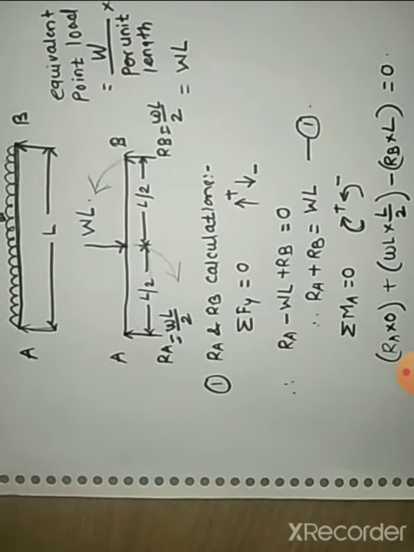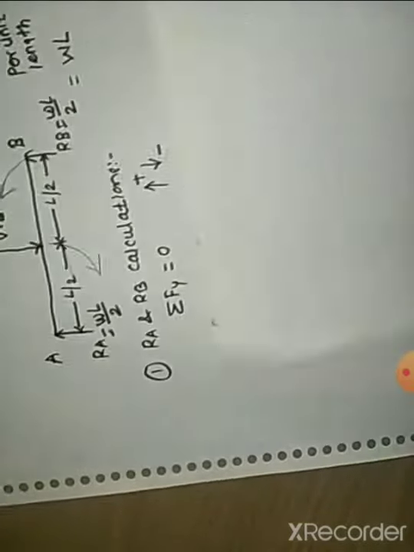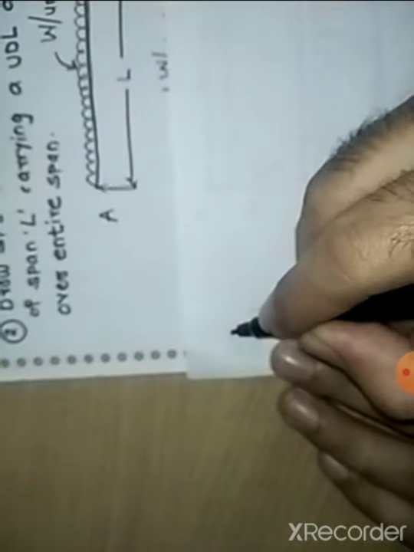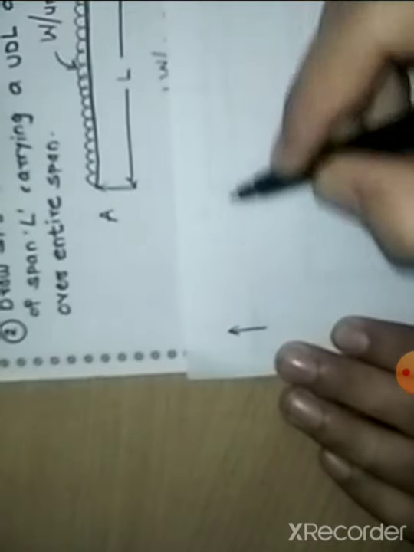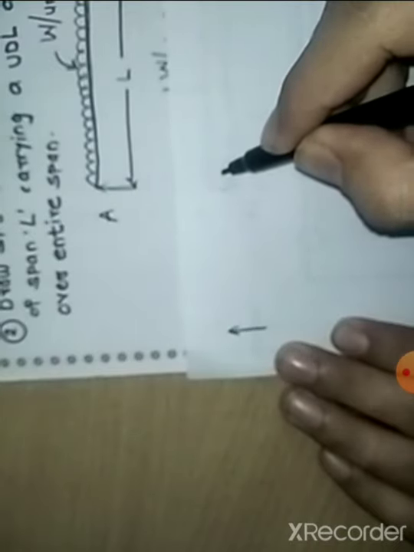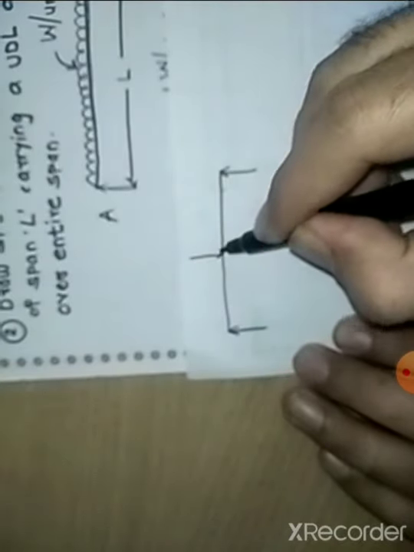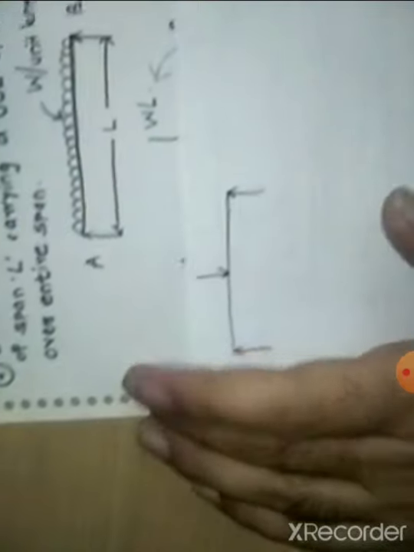Okay, so next, after calculating reactions, we can find out shear force and bending moment. So draw the beam diagram again, which shows the equivalent point load. Equivalent point load is WL.